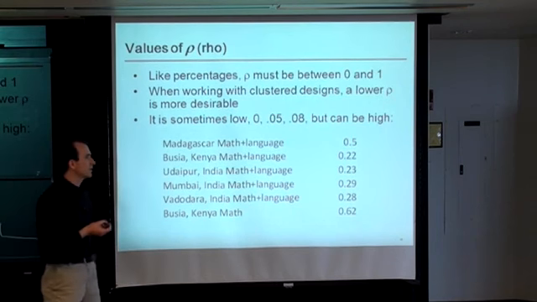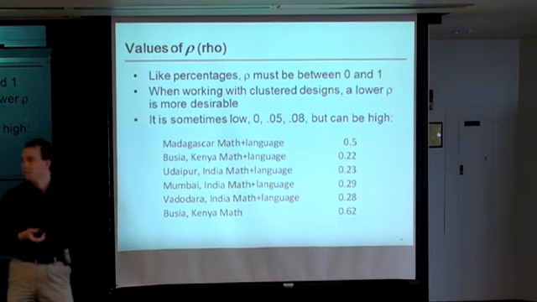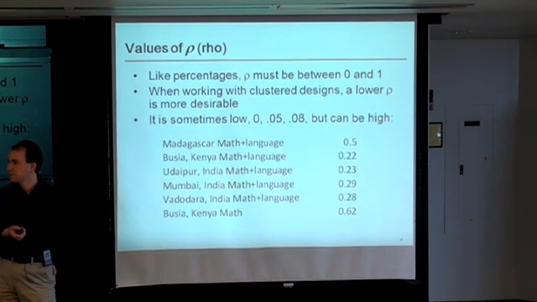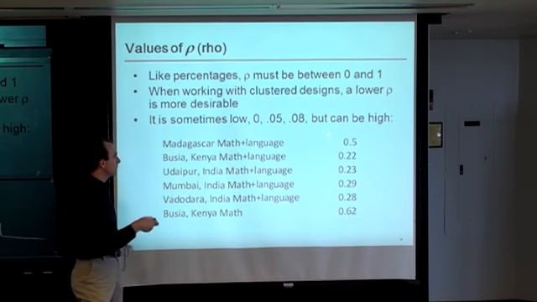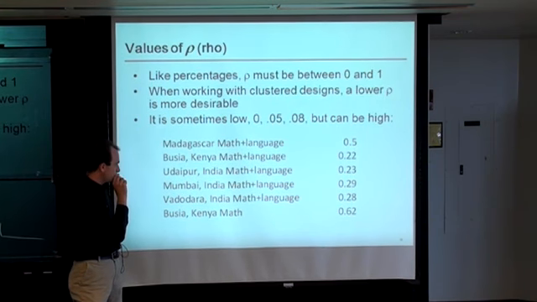So here it's between math and language scores of one kid, or between math and language scores of two kids from the same group? This was in Madagascar.